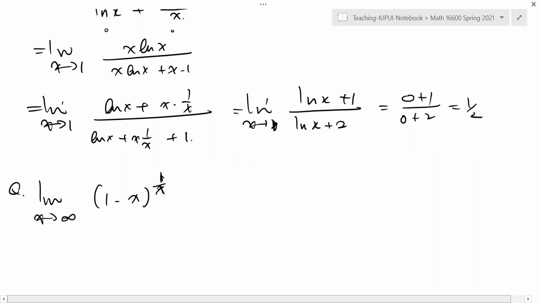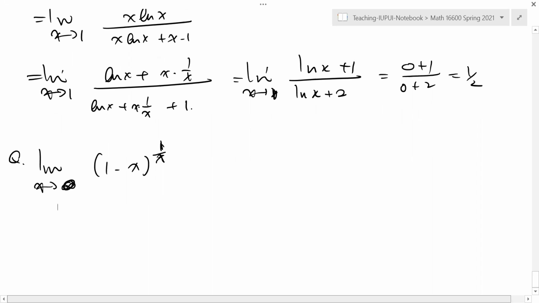It's x approaches 0, not infinity. Be careful, x approaches 0. So what type of function is it? It's like a 1 to the infinity type. It's a strange type.